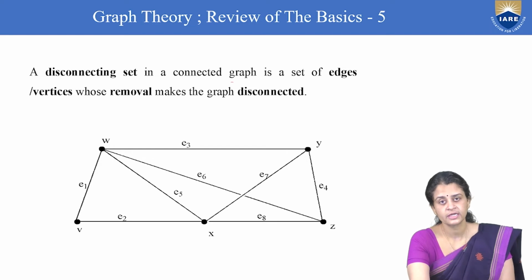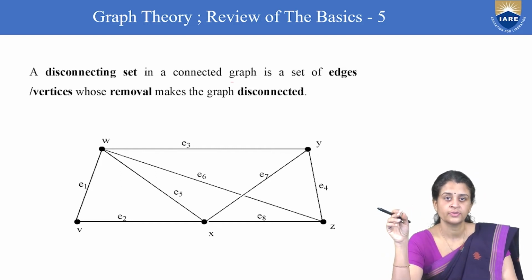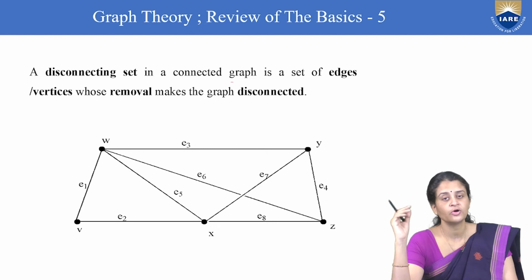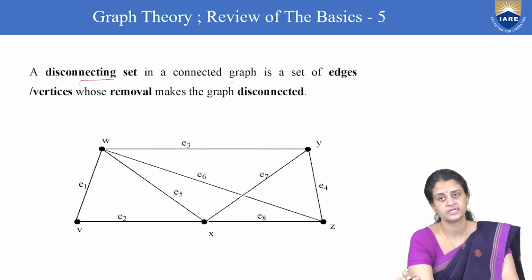What is a disconnected graph? If we are unable to find a path between any two distinct vertices in a graph, the graph is termed a disconnected graph. Here the disconnecting set means the removal of a particular set of vertices or edges makes the graph disconnected. Such a set is termed a disconnecting set.